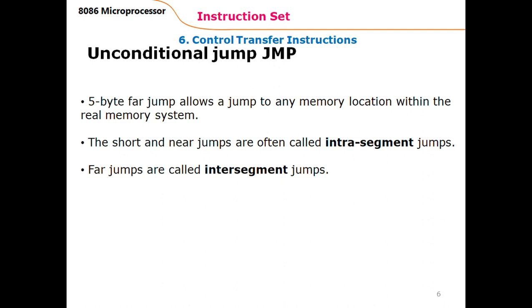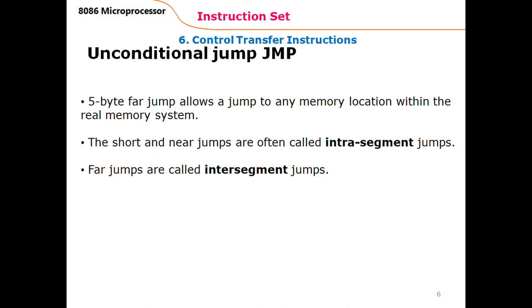The range of the short jump is short, from plus 127 to minus 128, so it covers in total 256 bytes. But the near jump is longer and it covers the entire segment. Every time these jumps happen, the control transfers within that existing segment. So that's why these two jump instructions are also called intra-segment jumps.